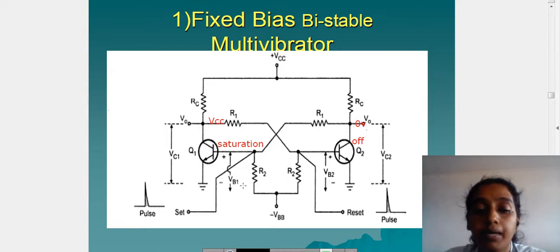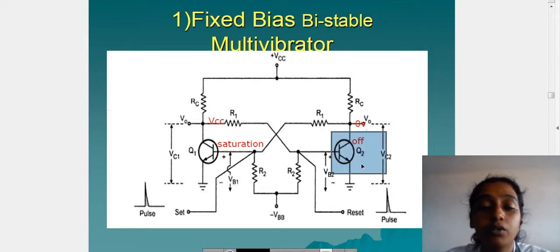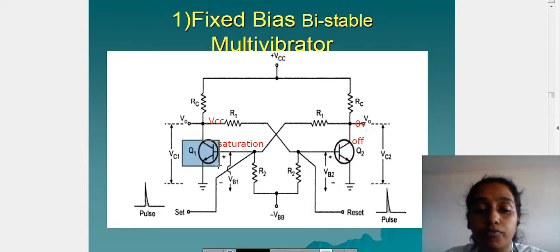Now we apply an external trigger pulse simultaneously to both the transistors. For example, giving a supply VCC, suppose transistor Q2 is made to be on. It makes transistor Q1 switch off.